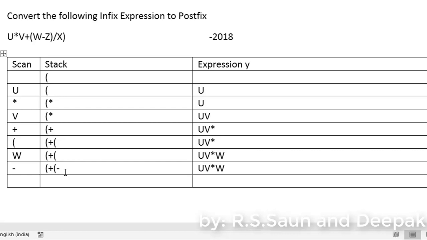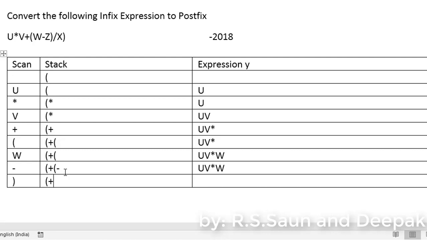Now we have a right parenthesis. For a right parenthesis you have to repeatedly pop all the elements and add them to the expression till a left parenthesis is encountered, and you have to remove your left parenthesis. Go ahead and repeat this statement again.